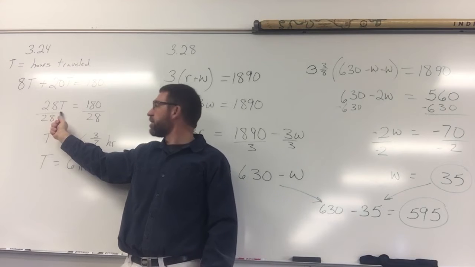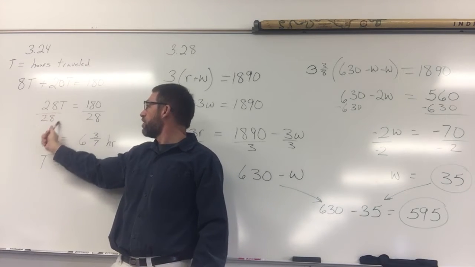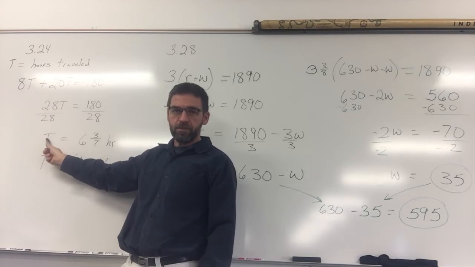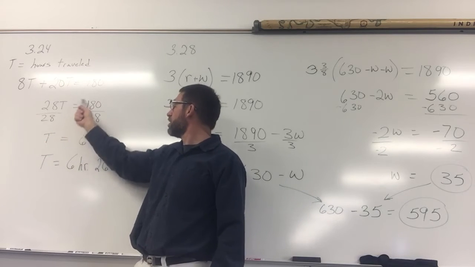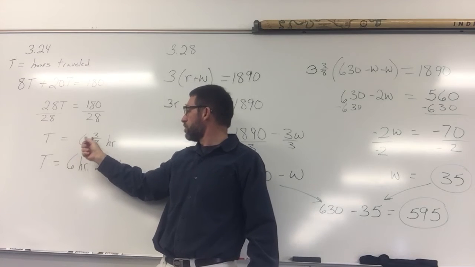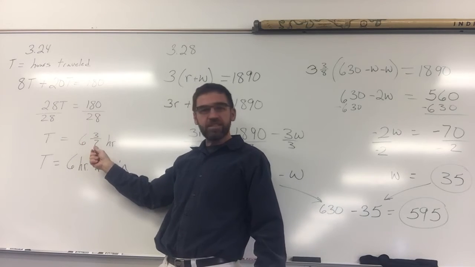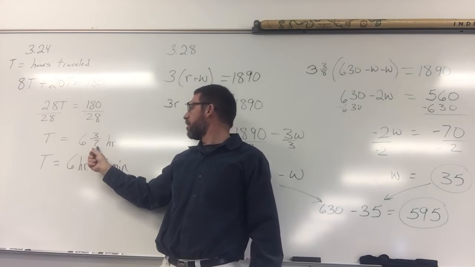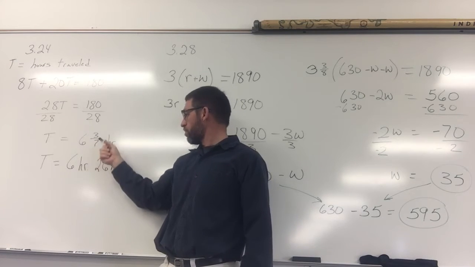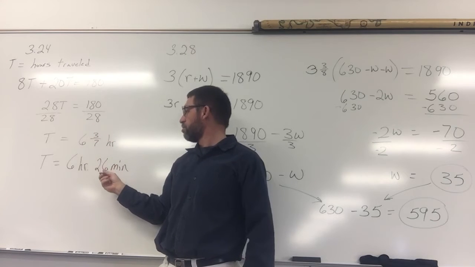I use T for time. So you divide 28 into 28 to isolate the T. That brings you down, 28 into 180, to 6 3/7 hours. For the 3/7 hour, I made it into minutes.